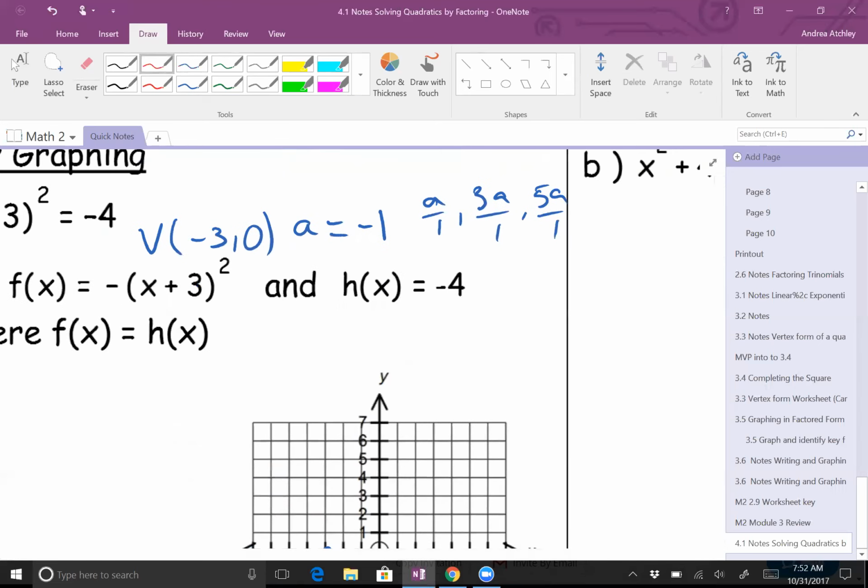Now we want to know where h of x equals negative 4. That is going to be a horizontal line through negative 4 on the y-axis. If you remember when you graph linear equations in Math 1, this is like y equals negative 4, so it has to show where y is negative 4, not x.